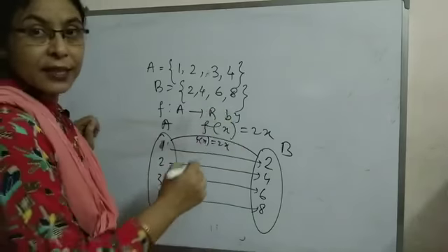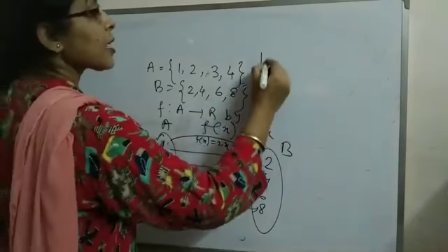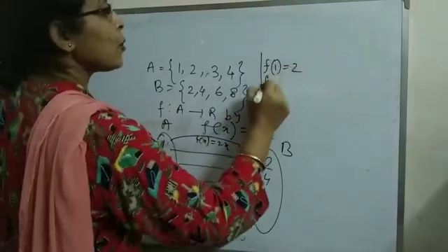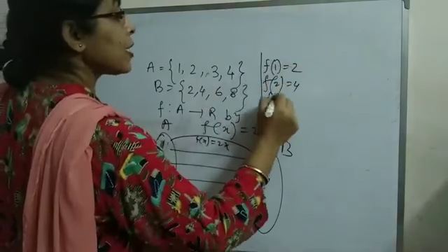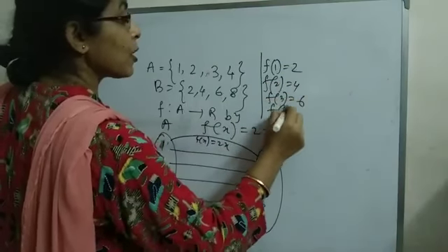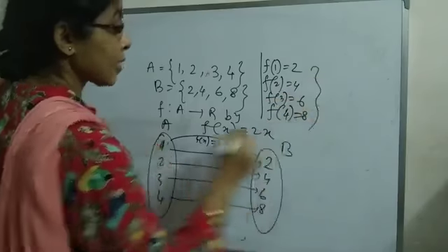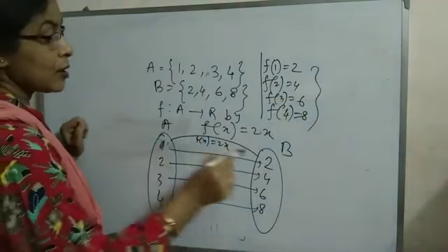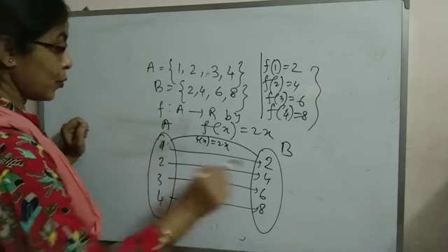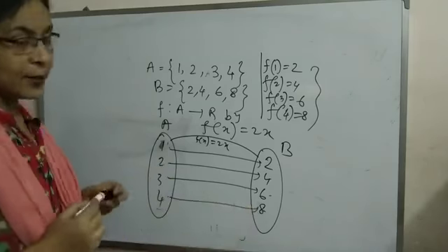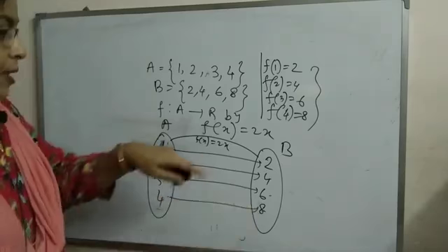I can write it F(1) equal to 2, F(2) equal to 4, F(3) equal to 6, and F(4) equal to 8. This is a mapping from A to B.